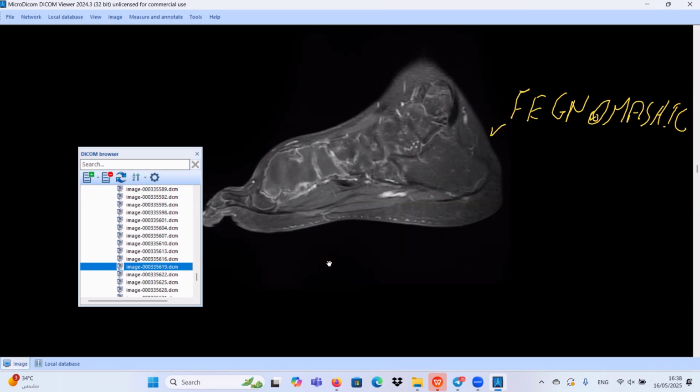I think the location is far away. Is it enchondroma? Maybe. Is it giant cell tumor? I think it's difficult to be giant cell tumor, not a typical location. Is it non-ossifying fibroma? It's not. Maybe osteoblastoma, not the location. Metastasis, it's not aggressive.